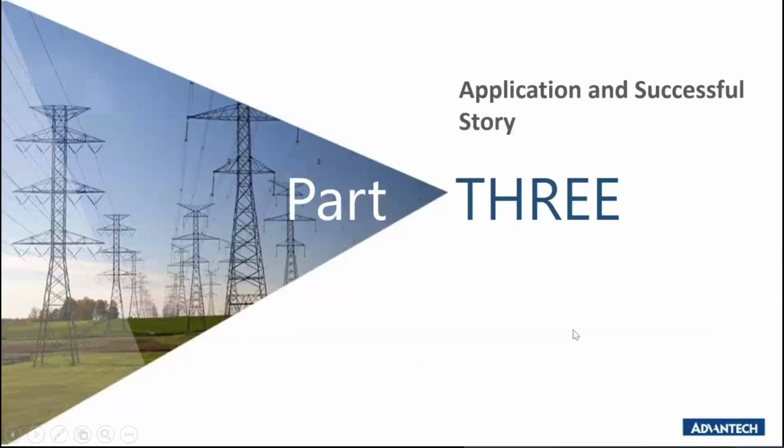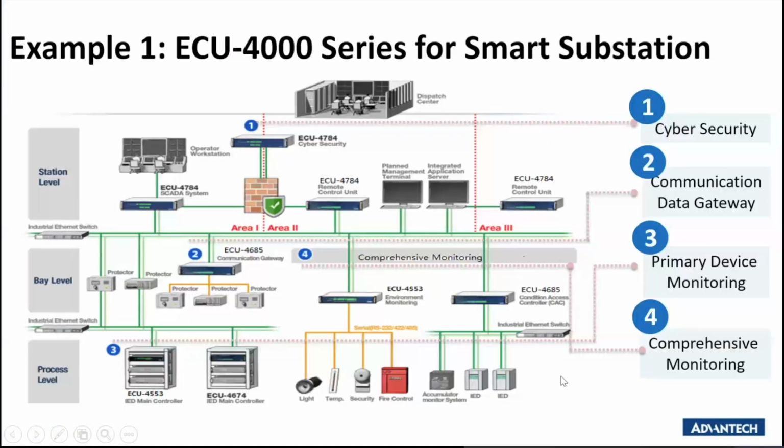For part 3, I will talk about some applications and our success stories. For example 1, as you can see in this diagram, is one of the smart substations. This smart substation has three levels: the station level, the bay level, and the process level.